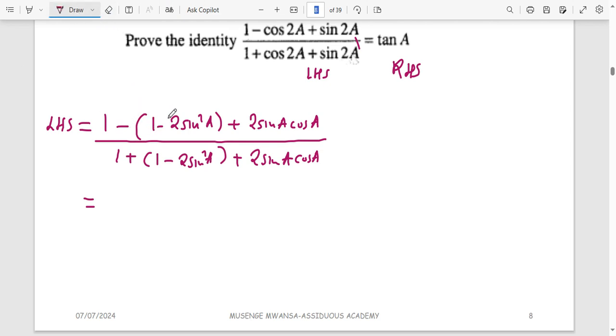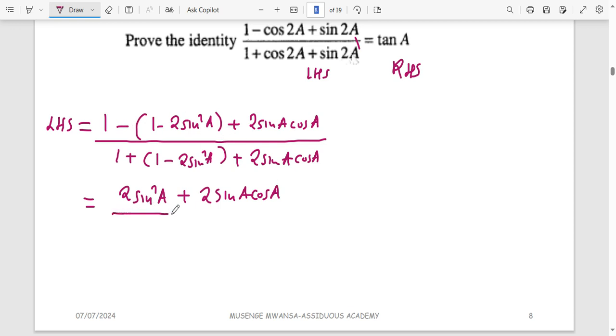And then the 1 times negative 2, it will become positive 2 sin squared A. And then plus 2 sin A cos A, right? Remember the 1 has cancelled out, isn't it?